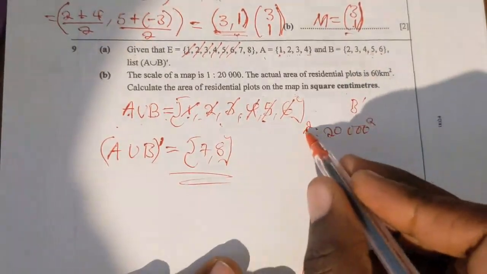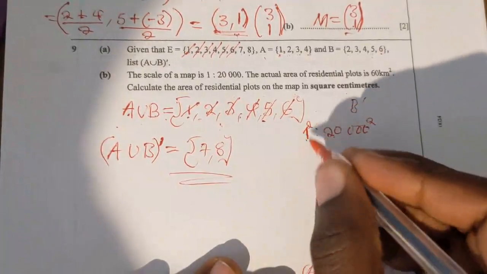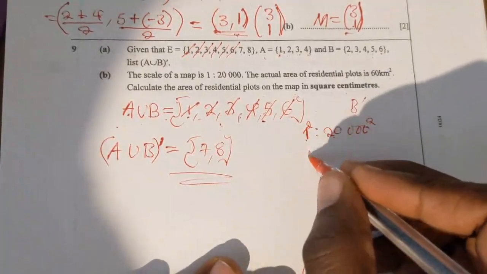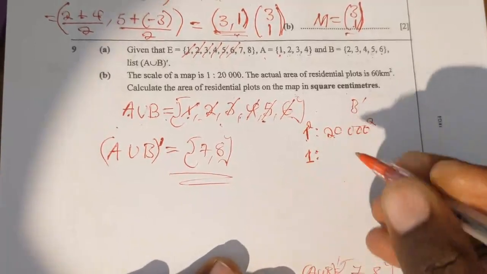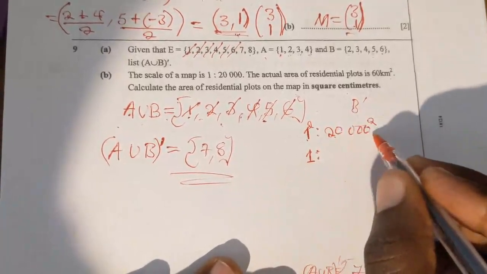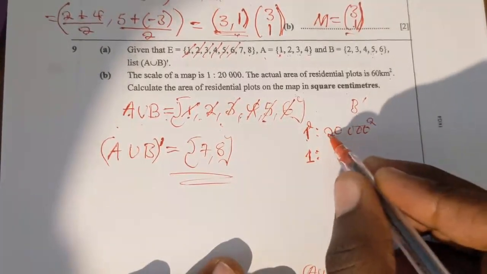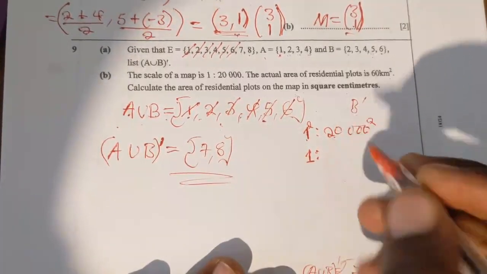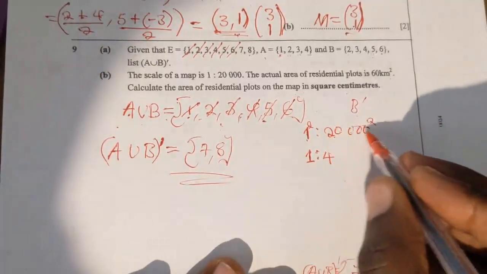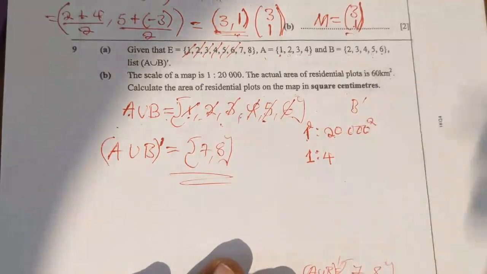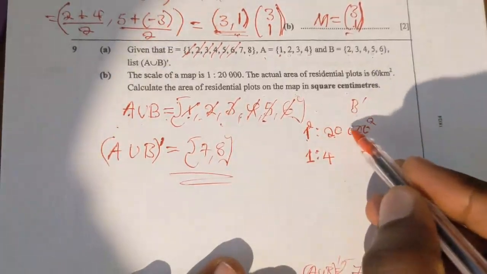So this means that you need to square 1, and you need to square 20,000. When you square 1, it's just 1. When you square 20,000, this is just squaring 2, so 2 squared is 4. Then the zeros just come times 2 when you square them.